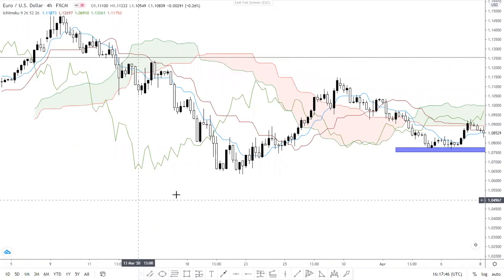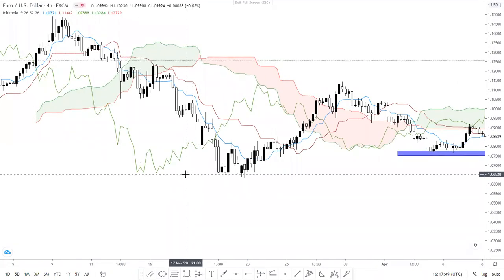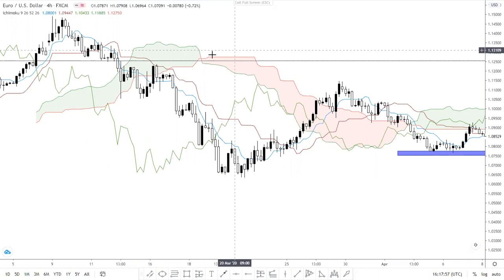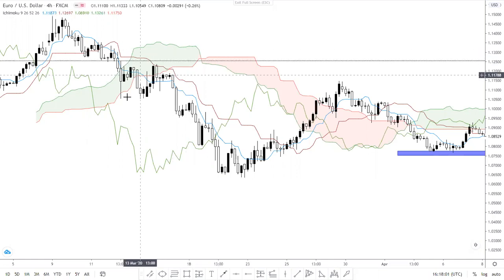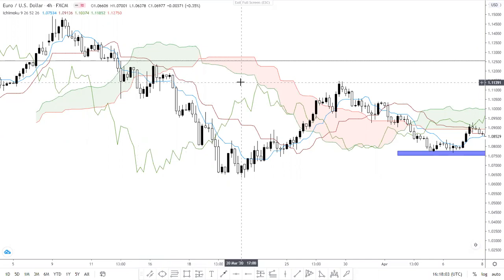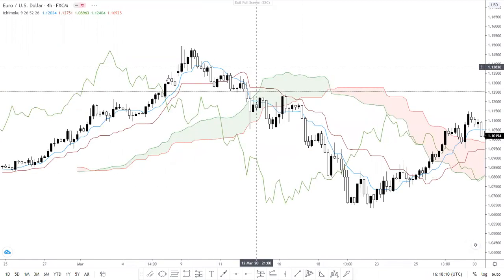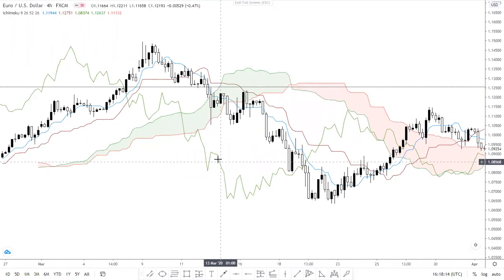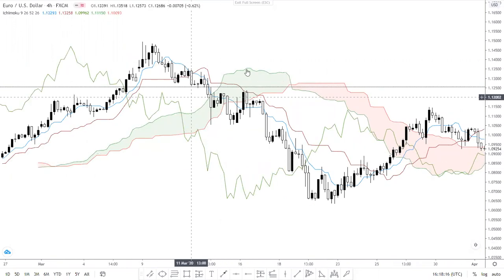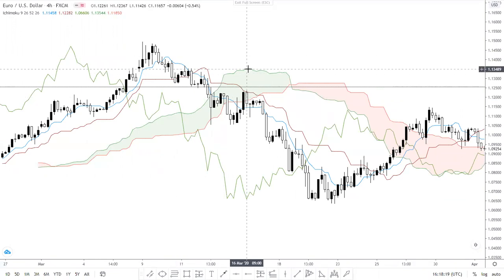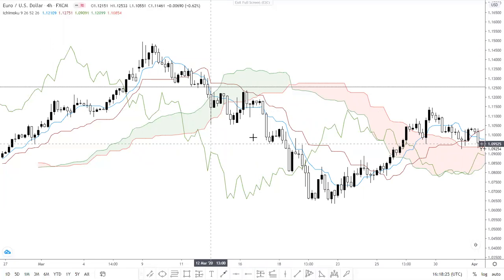Like any other strategy, every strategy has its risks. Do not assume that every time we have a bullish cloud, you're going to place a buy order. It does not mean every time you have a red cloud, you're going to place a sell order. These clouds just serve to show you which momentum is currently in that region.